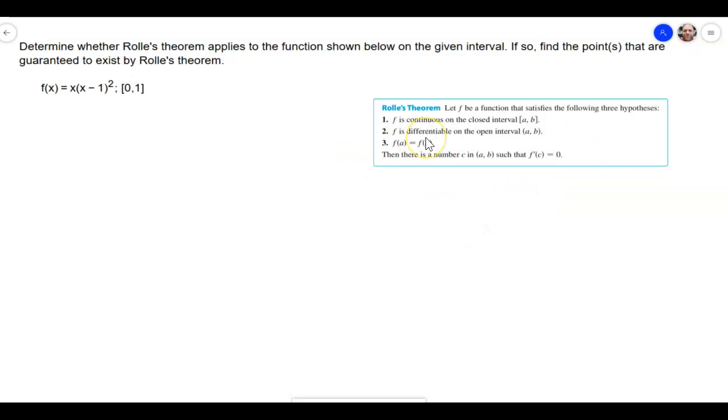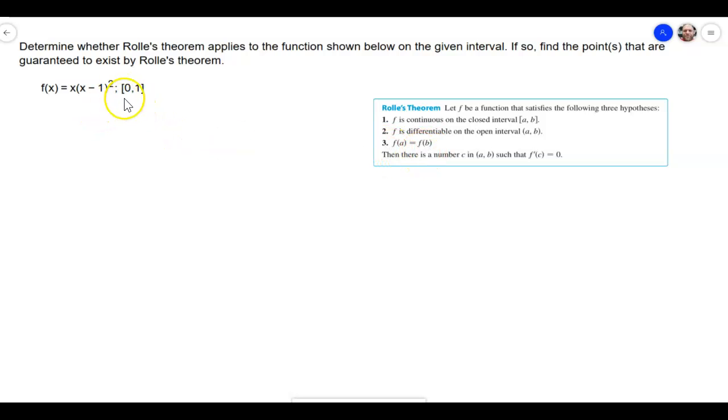And here's Rolle's theorem. It's also listed on page 251 in the book. It looks a little bit different, but it's basically saying this: let f be a function that satisfies these three things. Number one, the function is continuous on the closed interval from a to b, so in this case from 0 to 1. Let f be differentiable on the open interval from a to b, that means from 0 to 1, not necessarily at the endpoints. And also let f of a equal f of b.